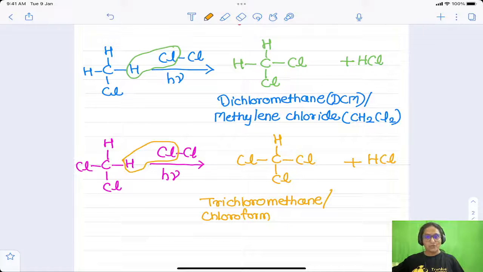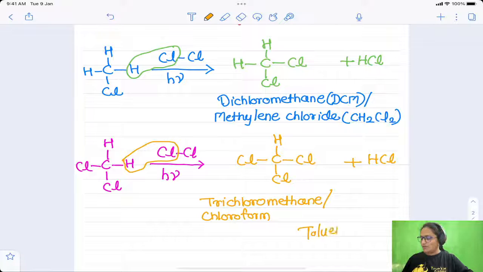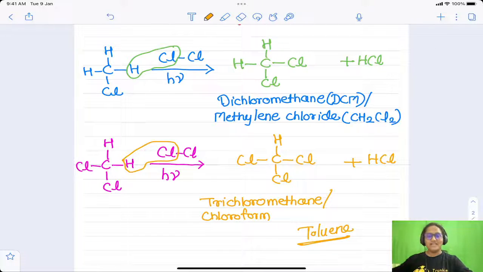One more example I'll give you, toluene. This is also one of the compounds which, if you smell, you will become addicted to its smell, right? There was one news just 10-15 years back, about children staying in a slum area who were buying whiteners, the whitener we use to correct anything in the notebook. That whitener has a specific smell.